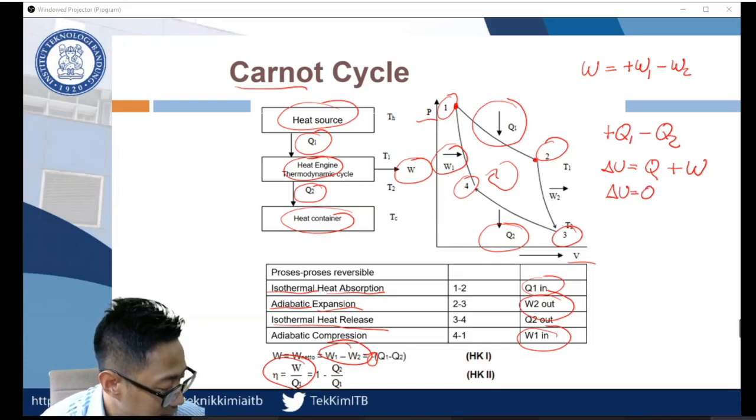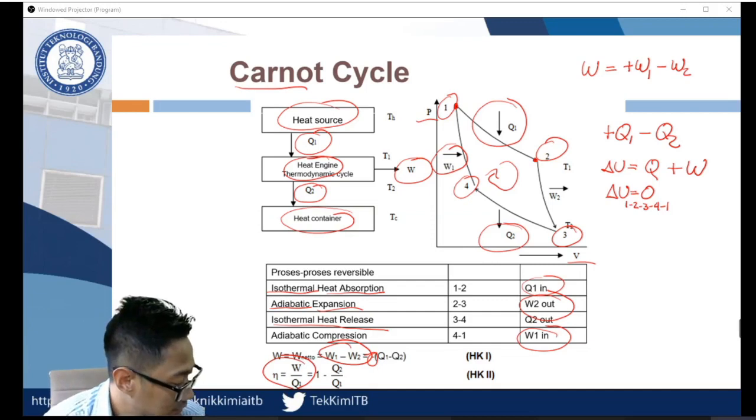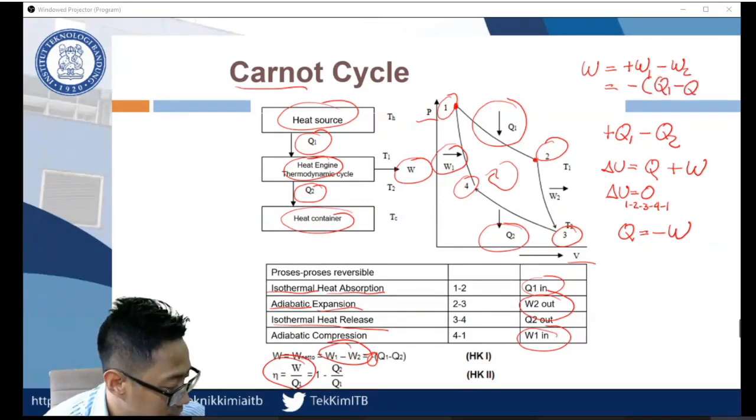The reason is because 1, 2, 3, 4, and return to 1. That's why delta U as state function should be equal to 0. Okay, so because of this, Q is equal to minus W. That's why the term here is equal to Q1 minus Q2.